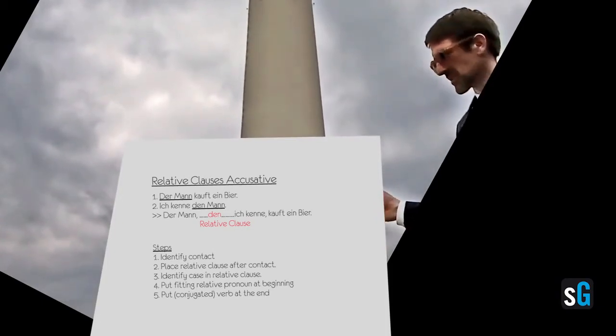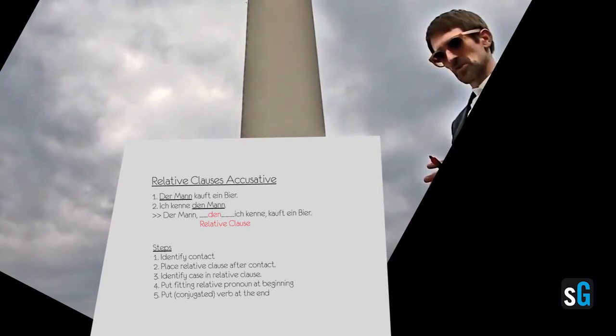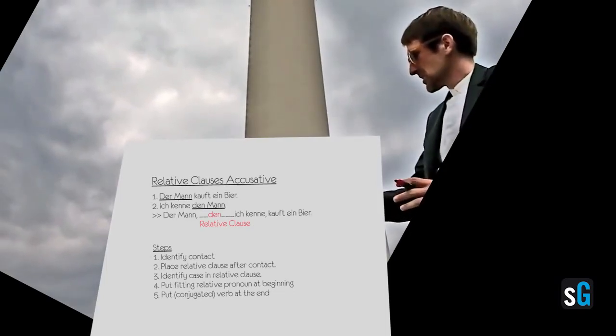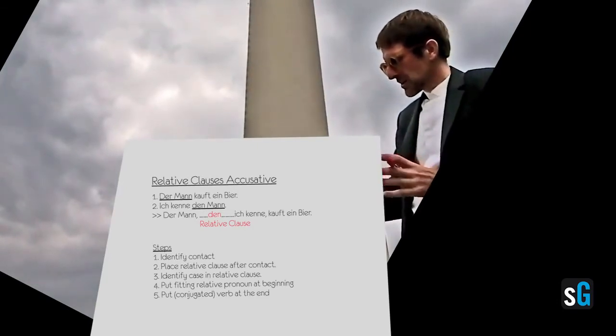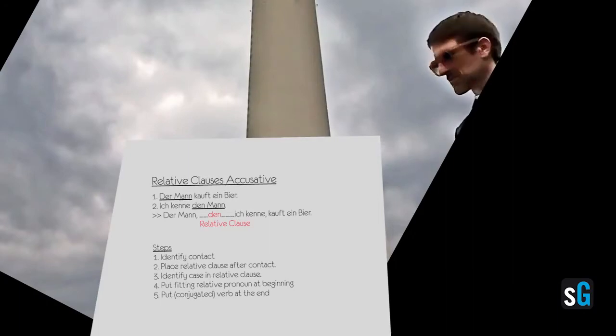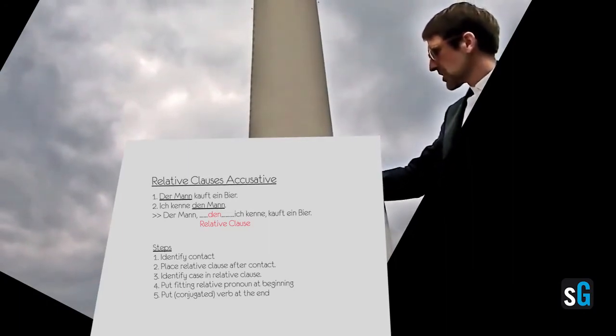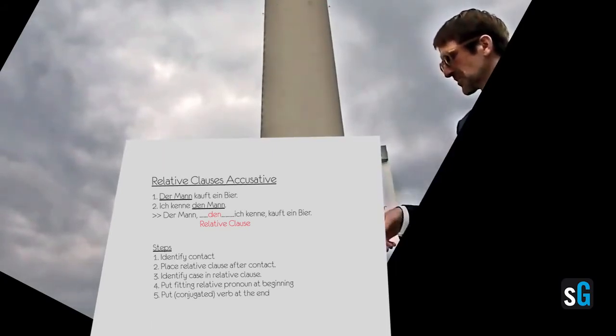The third step would be to identify the case of the relative clause. As we are replacing den Mann, and den Mann is accusative, we take the relative pronoun of the masculine in the accusative. We have done that simply by striking through Mann and taking the article that's left, den.